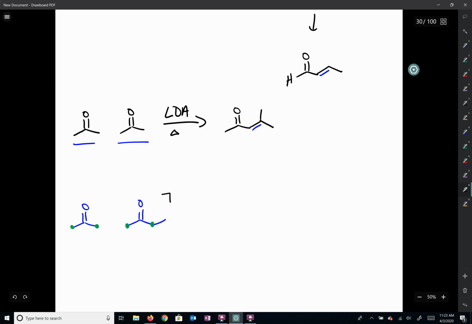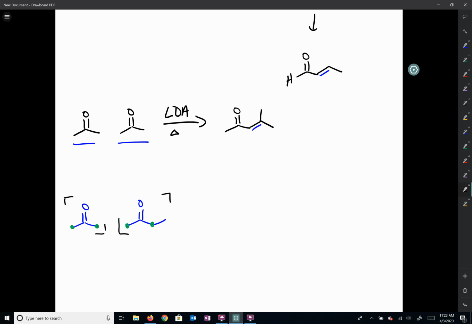So remember, we've got a beaker or a flask of this, and we add some acetone into it, and we add some LDA, and we say, boy, I sure hope I get the product I want. You're going to get a giant mixture of stuff. So we're going to have to be clever about how we do this reaction.